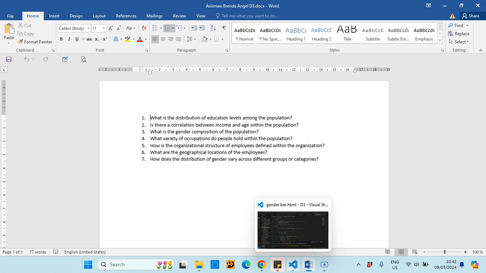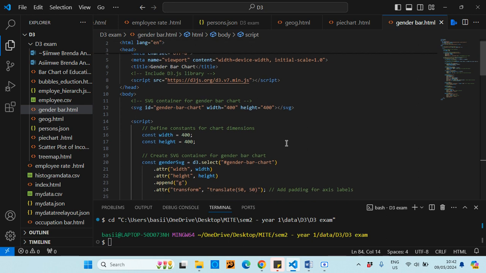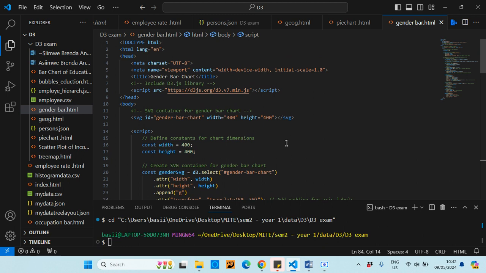So starting, we shall go to Visual Studio. I used Visual Studio for my code. This beginning part is the HTML structure for our web page, where you have the head, and then in the body we shall have the rest of the code.